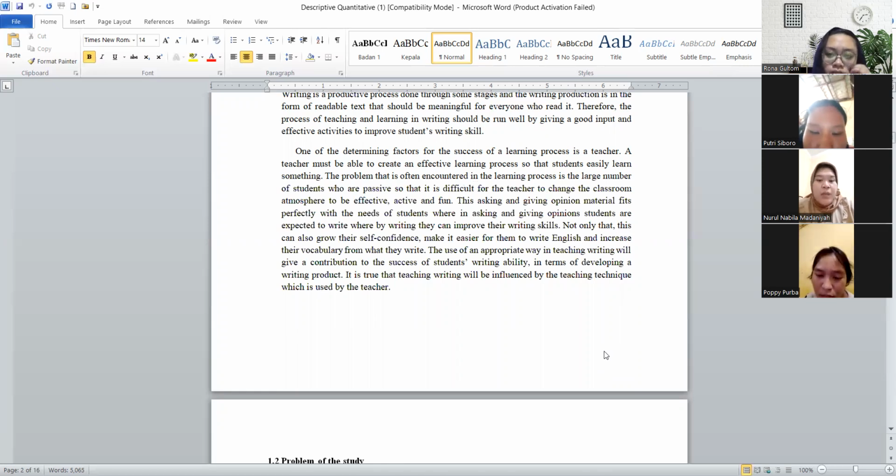A teacher must be able to create an effective learning process so that students will easily learn something. The problem often encountered in the learning process is the large number of students who are passive, so it's difficult for the teacher to make the classroom effective, active, and fun. Scroll down, Rona.